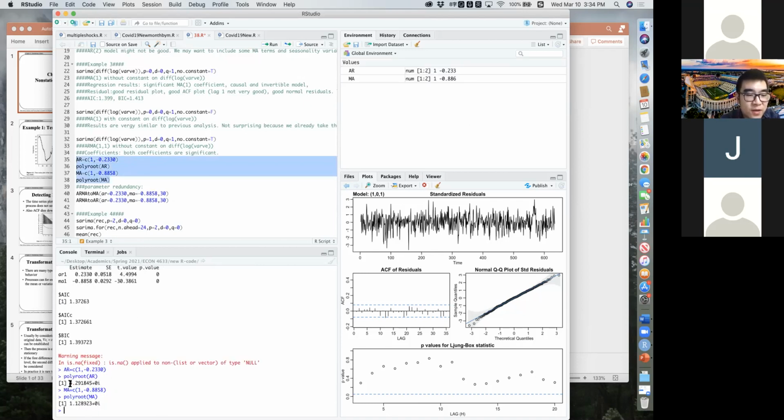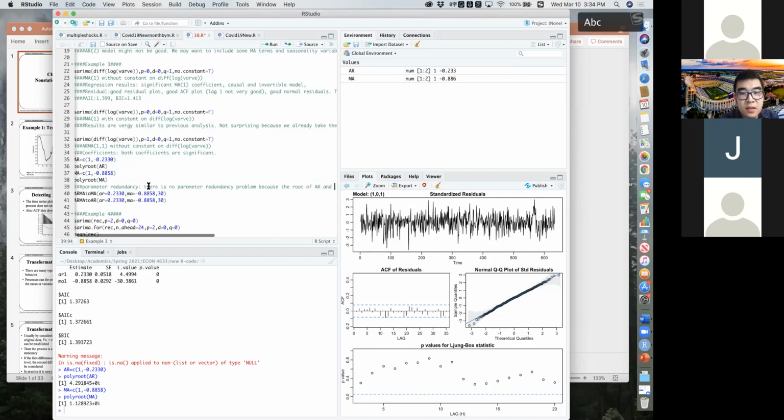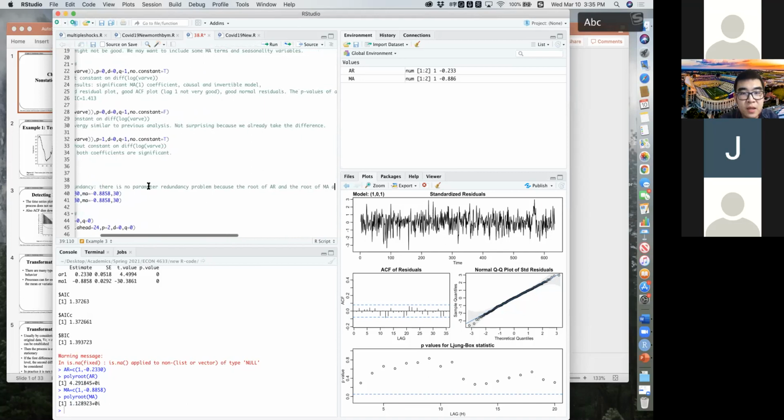We find that the root of the AR is about 4.3, and the root of the MA is about 1.12. So there is no parameter redundancy problem, because the root of AR and the root of MA are different.